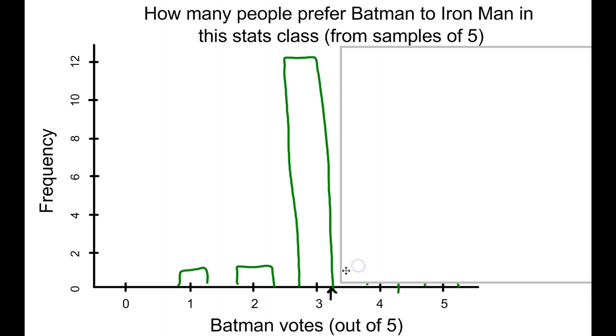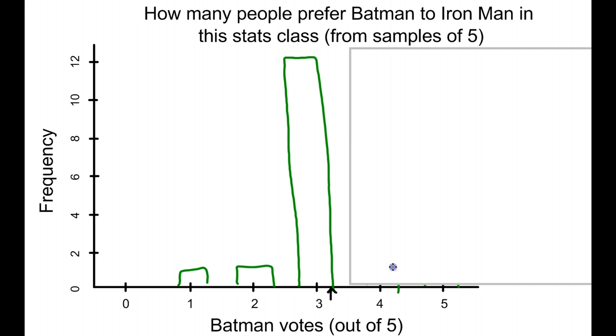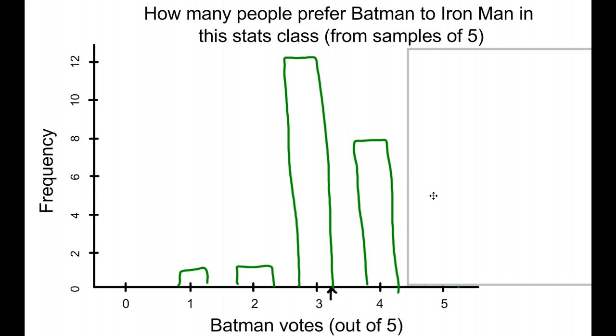And then 3 was quite popular. 12 people in a class of 24 found that somebody voted for Batman 3 out of 5 times when they took their sample. So half the class got 3 out of 5. So that was a very overwhelming result. And then 4 out of 5 was also pretty strong, somewhere around 8. And then about 1 or 2 here for 5 out of 5 Batman votes.